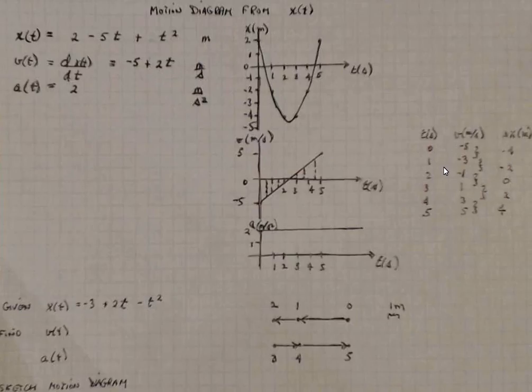And so, for example, from 0 to 1, the average velocity is the average of minus 5 and minus 3, which is minus 4, and then from 1 to 2, the average velocity is minus 2. From 2 to 3, it's 0. That interval includes the turning point. From 3 to 4, it's 2, and from 4 to 5, it's 4.